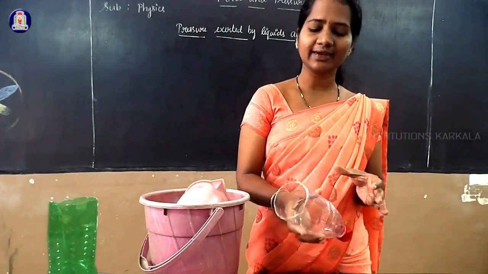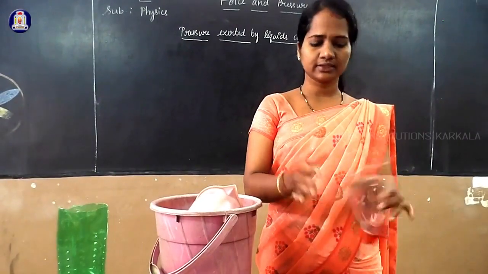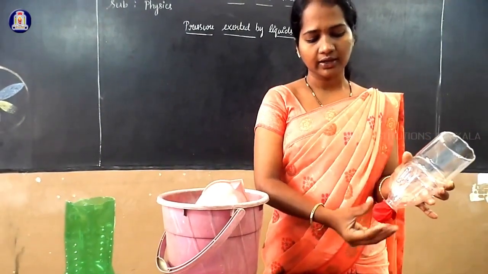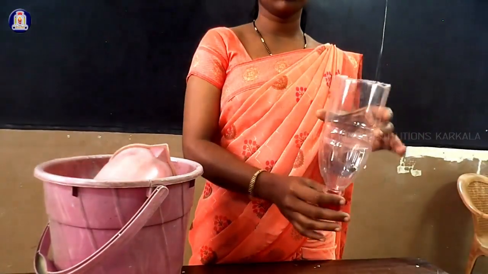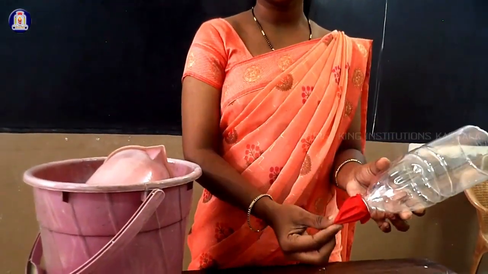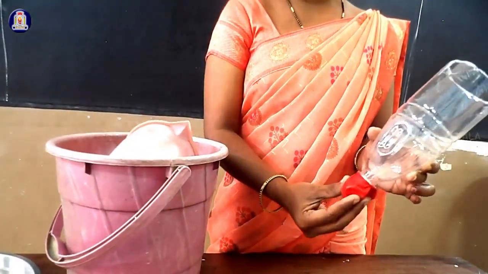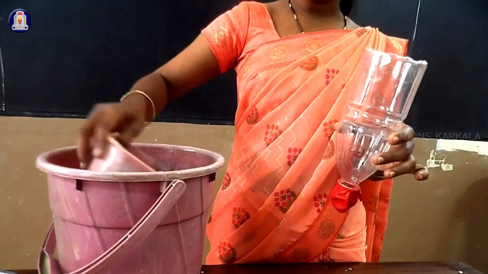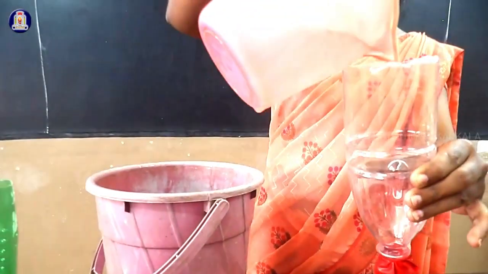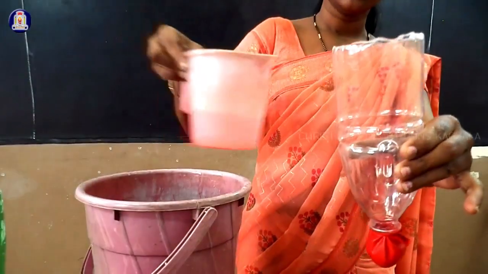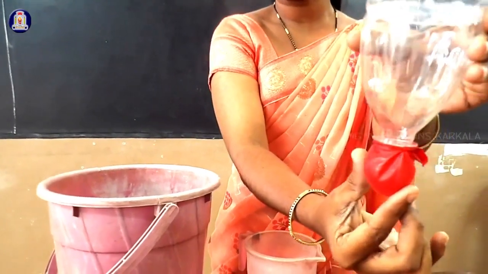To understand this, take a water bottle, cut it like this, and fix a rubber sheet or a balloon at the opening of the inverted bottle. Now add some water, and you can see the rubber sheet bulges out.